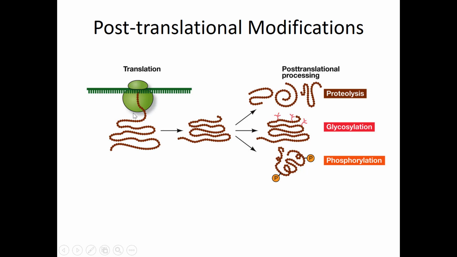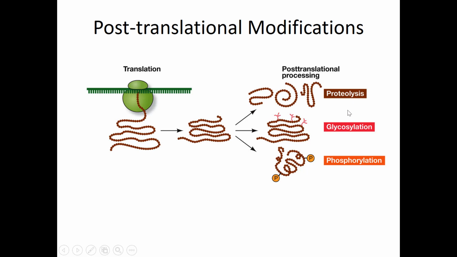And so here we have our growing polypeptide during the process of translation. Here we have the polypeptide separated after a release factor bound to the stop codon. And then here we have three different post-translational modifications.